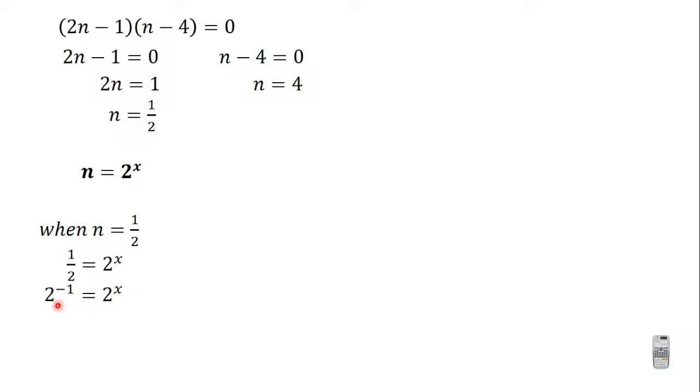The base on the left hand side is 2. The base on the right hand side is also 2. So we can equate the exponents. So we have x is equal to minus 1, or minus 1 is equal to x. This is for when n is equal to 1 over 2, or half.